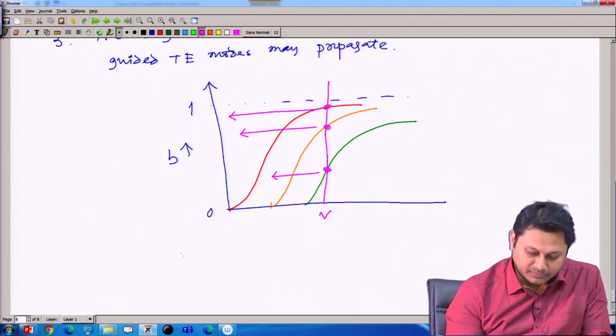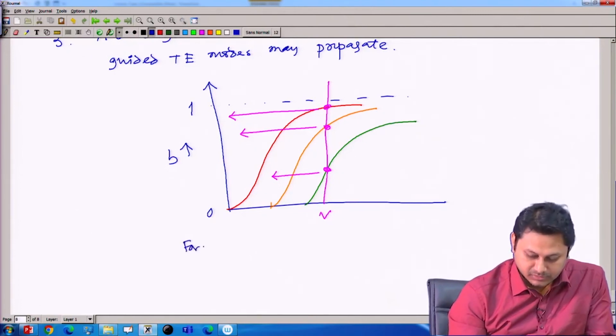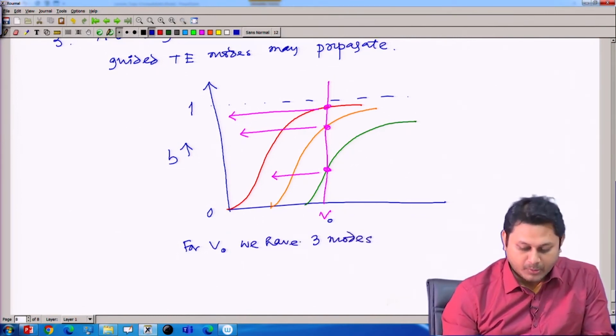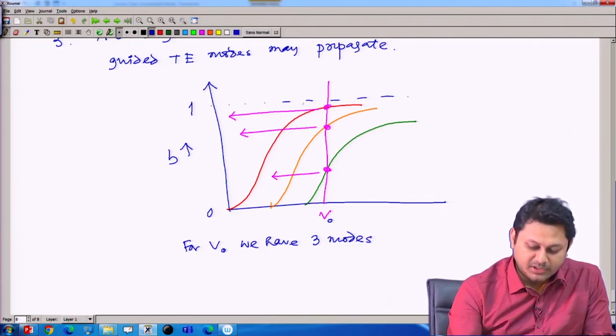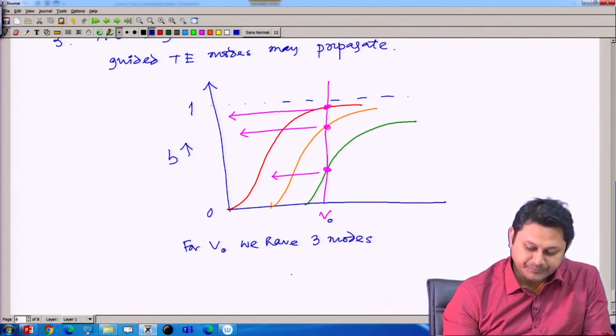For this V value, say I write it as V0, we have 3 modes that are allowed to propagate, which is obvious. If I now reduce this value, then I should have only 2 points for a given V. So, these 2 modes are allowed, and so on.